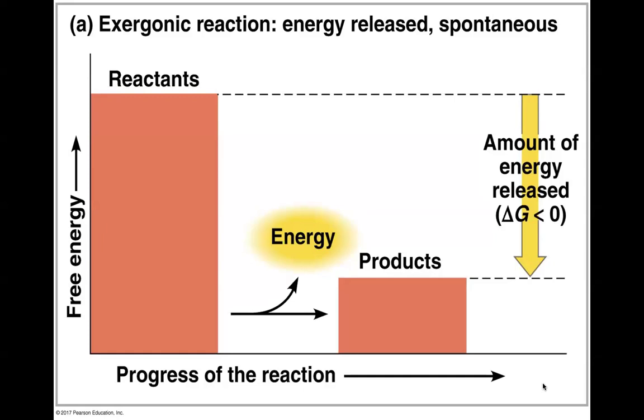We can see here that the reactants have a very high energy value versus the products, which have a lower energy value. In general, this refers to an exergonic reaction because your reactants have a much higher energy value than your products. Energy would have been released as you form the product. We can see that delta G value on the right part of the graph.